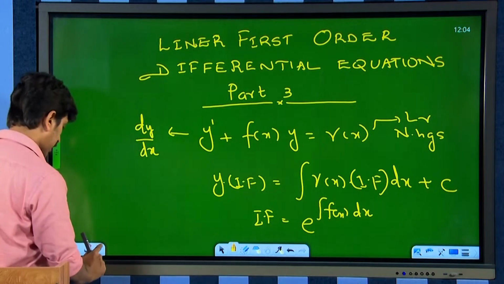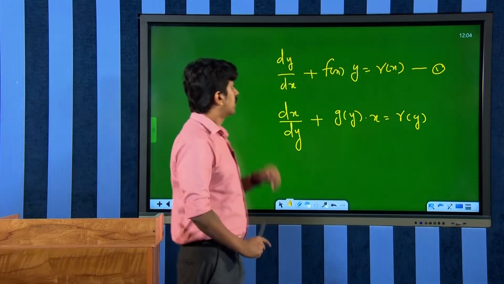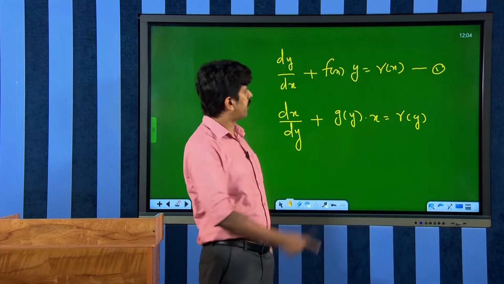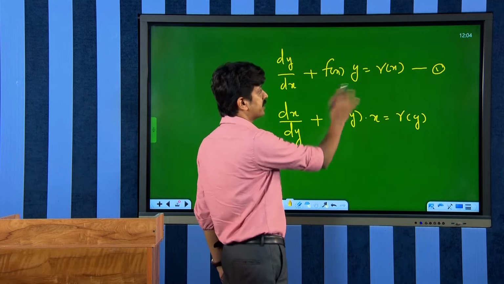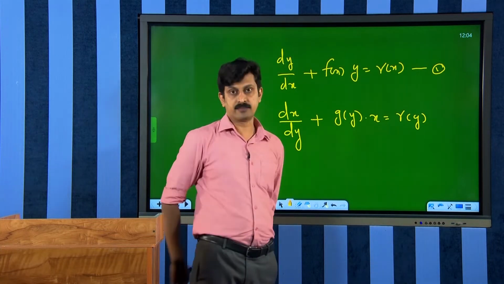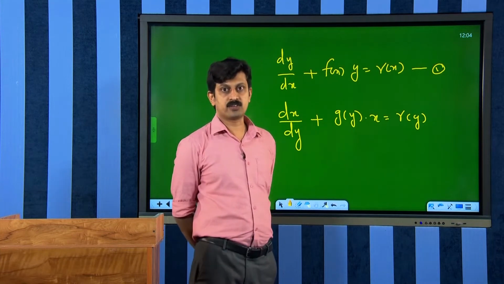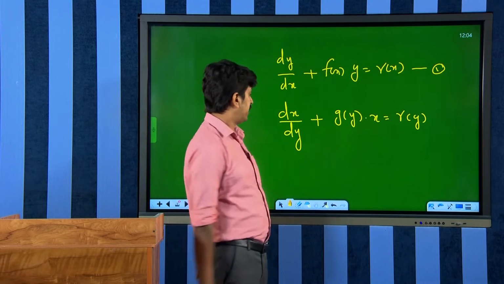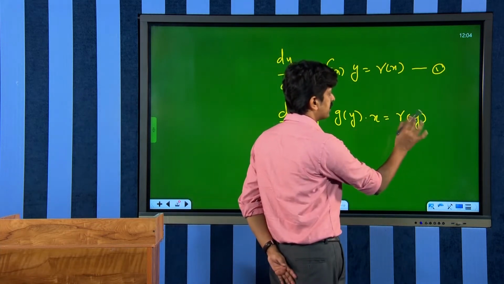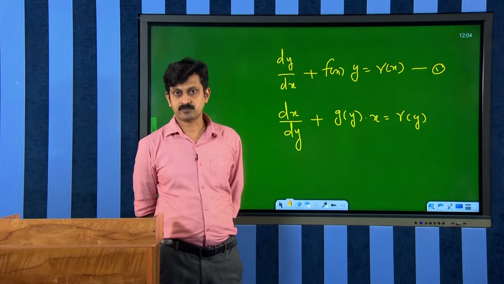Now, my dear students, the equation 1 is dy by dx plus f of x into y is equal to r of x. Sometimes the differential equation may exist in the form dx by dy plus g of y into x is equal to r of y.